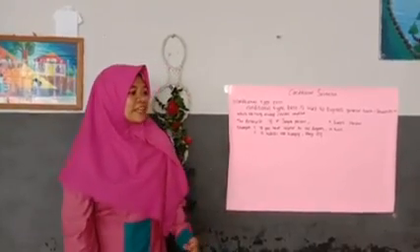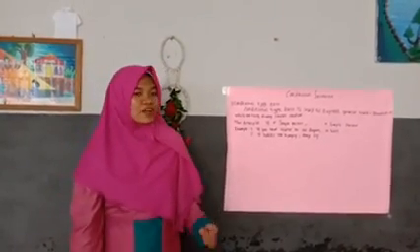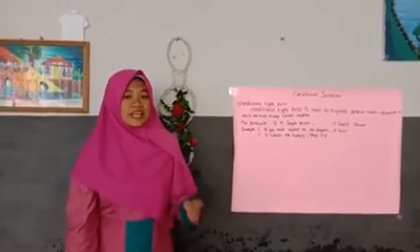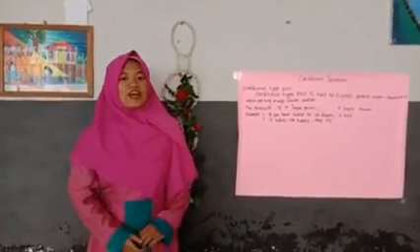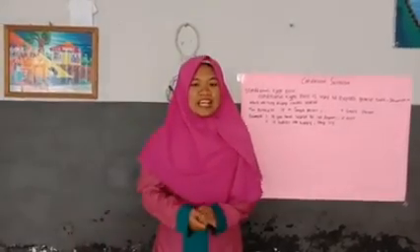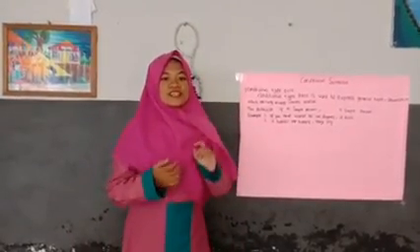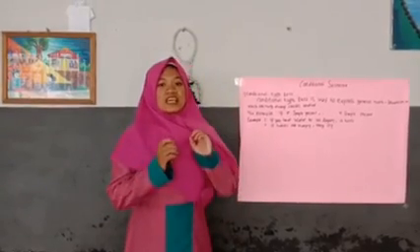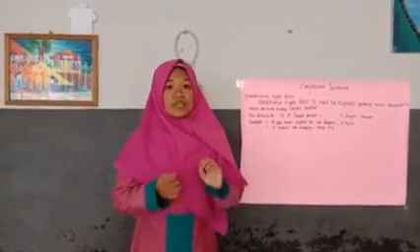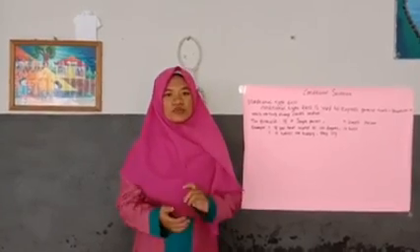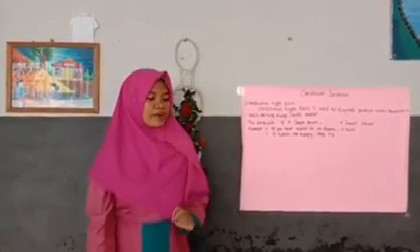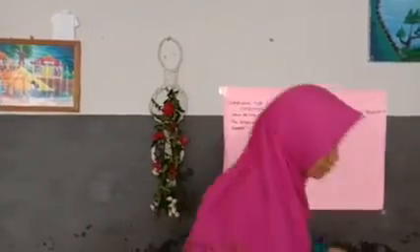Okay. The next type of conditional sentence is conditional type 1. Conditional type 1 is used to express something guaranteed to happen in the future. Right? Okay, Miss wants to write the definition.